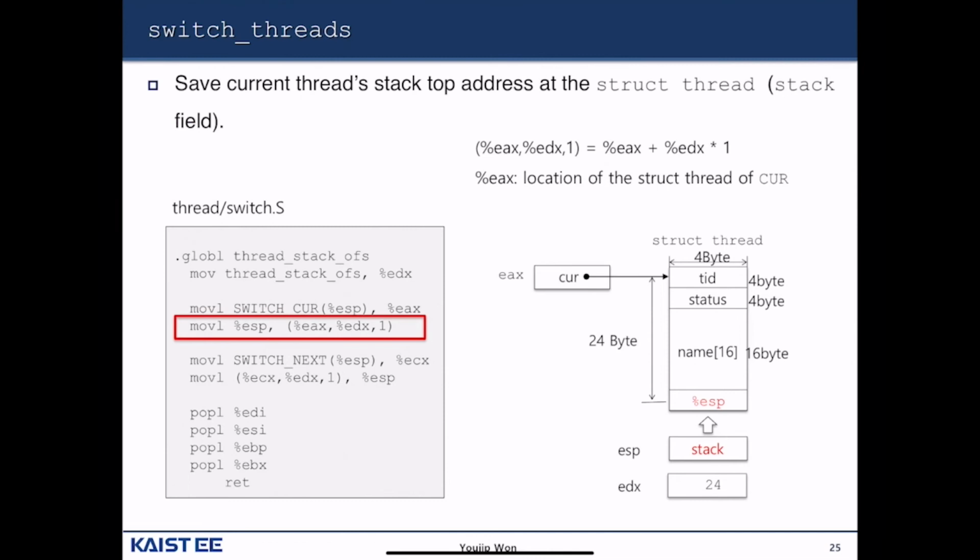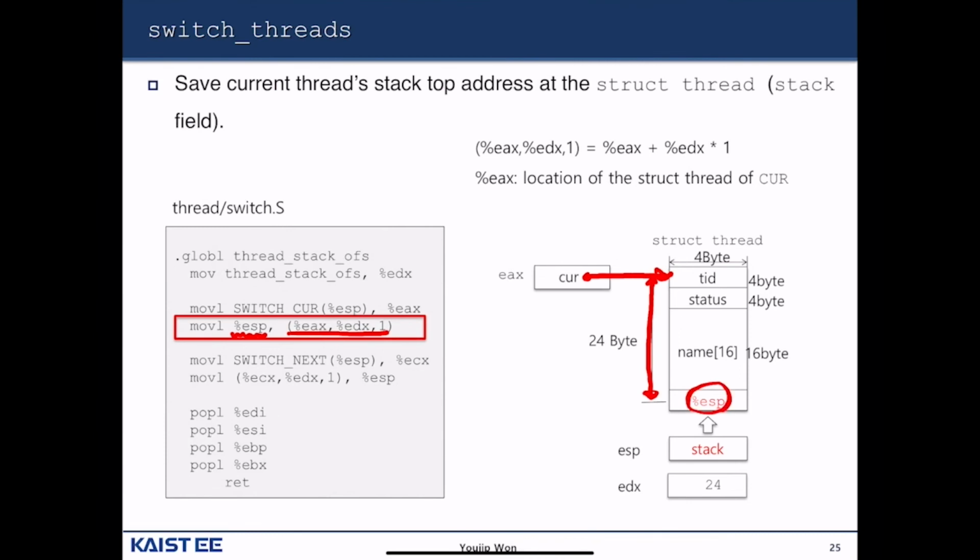And then as a next step, we save the current thread's stack top address to the struct thread's stack field. So we move the value of ESP, the stack pointer, to this address, where EAX points to the beginning of the struct thread data structure, and EDX represents the offset between the beginning of the thread structure and the location of the stack.